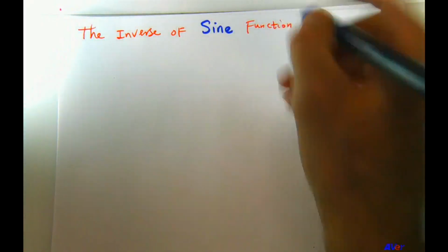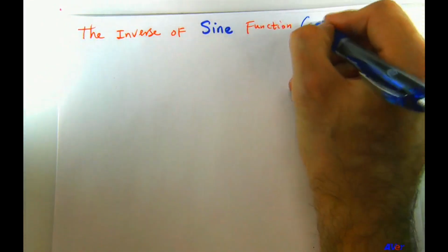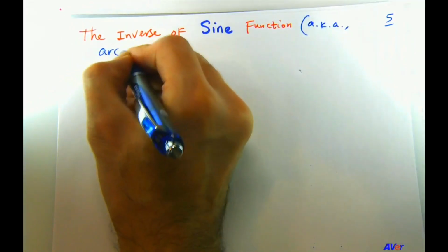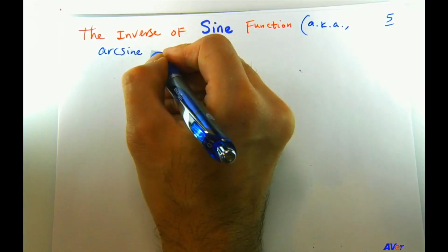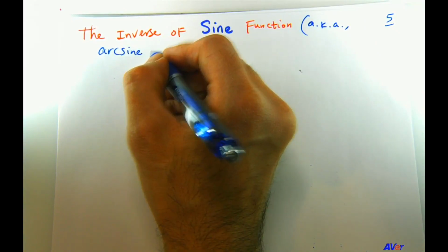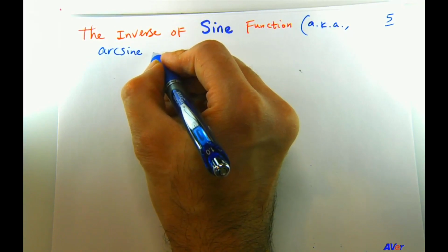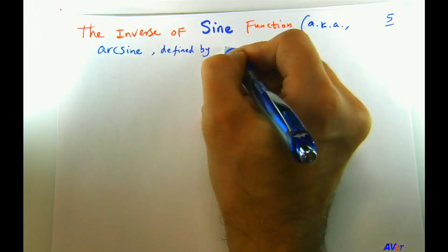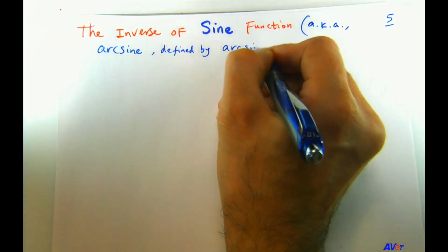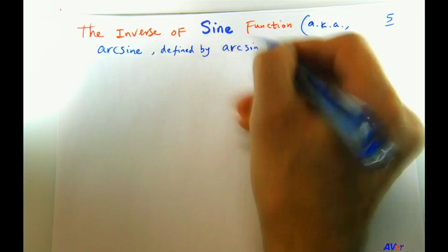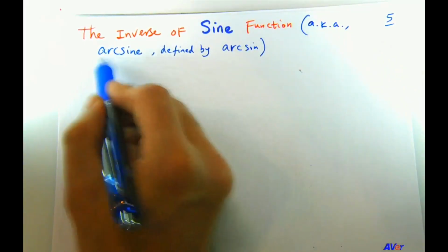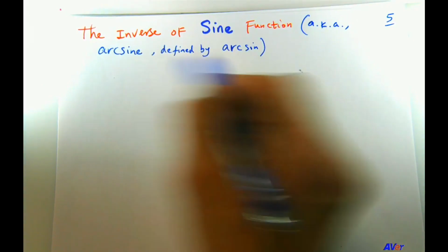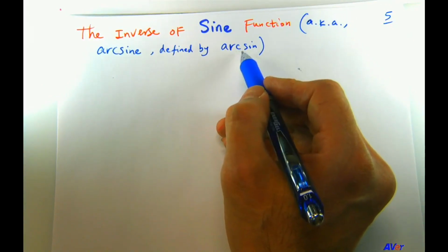And just so that when you read different books, you become familiar with these, these are also known as arcsine, or defined by arcsin. So these are what you might see in books. Arcsine means the inverse of the sine function, or arcsin means the inverse of the sine function.